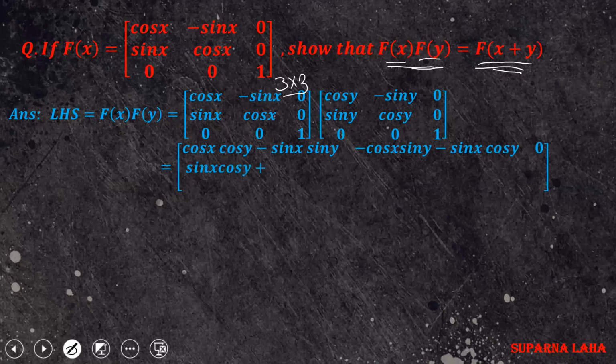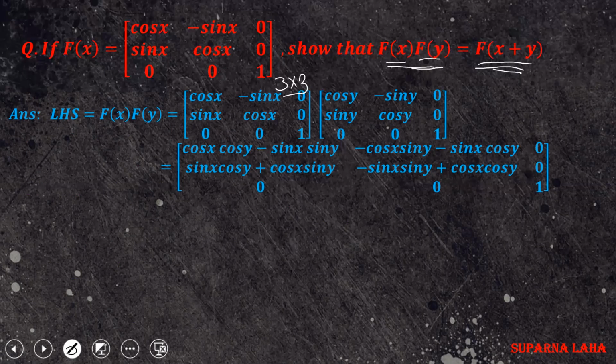Next, second row first column: sin x cos y, cos x sin y. Second row second column: cos x minus sin x sin y plus cos x cos y, and 0, and this third row is given by 0, 0, 1.